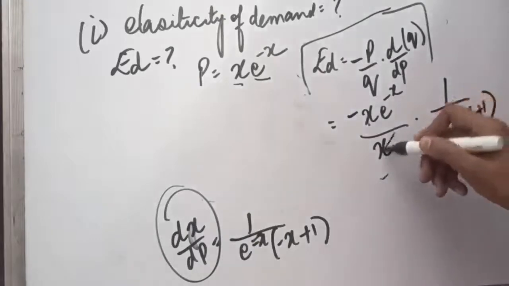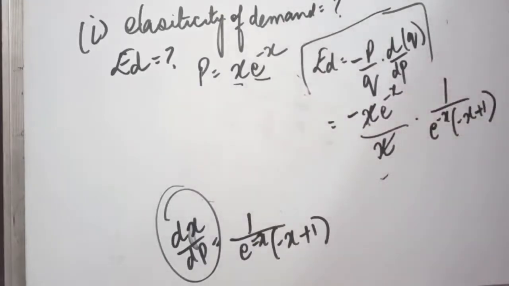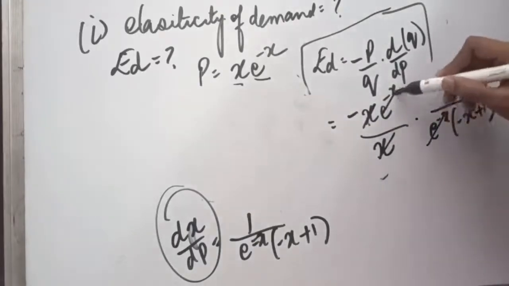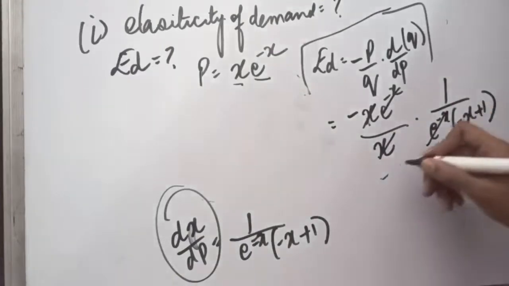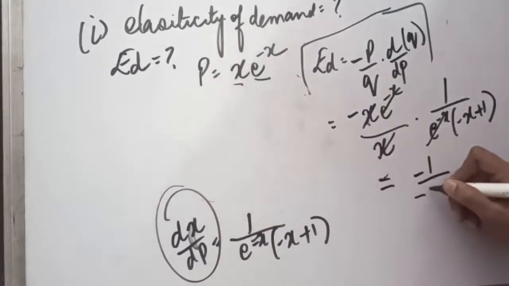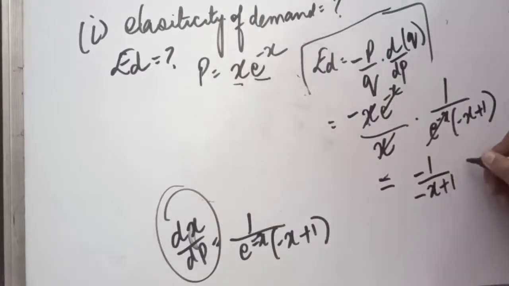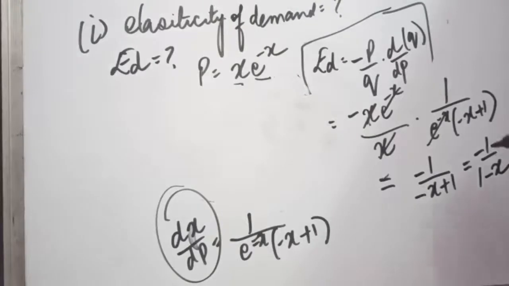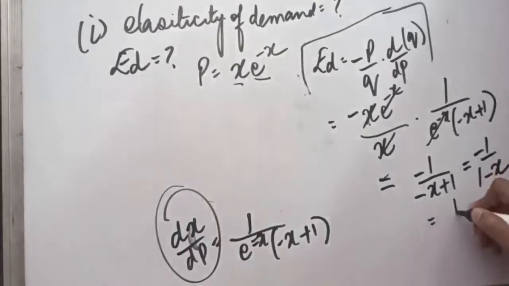So solving this, x can be cancelled. Now this e raised to power minus x can be cancelled. So what we are left with, minus 1 divided by minus x plus 1, or we can say minus 1 divided by 1 minus x, or if I want to just convert this into a positive value, I can say 1 divided by x minus 1.